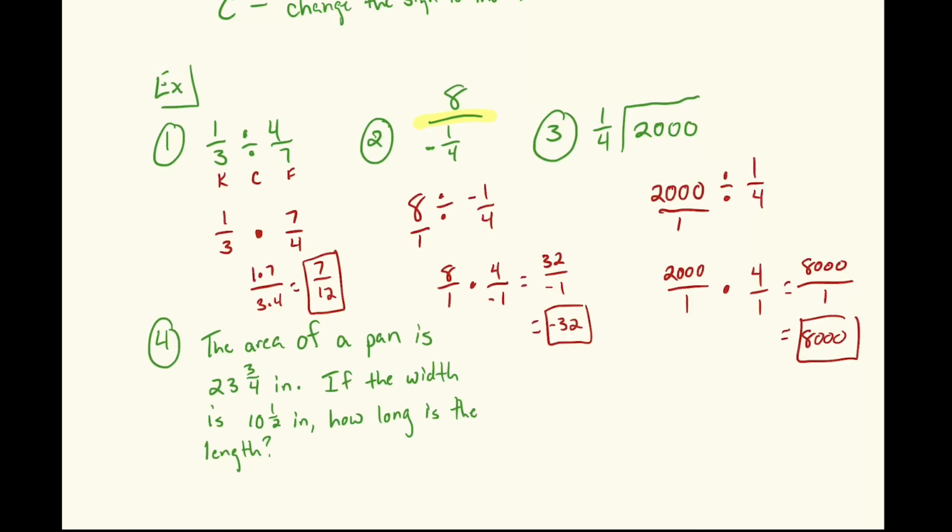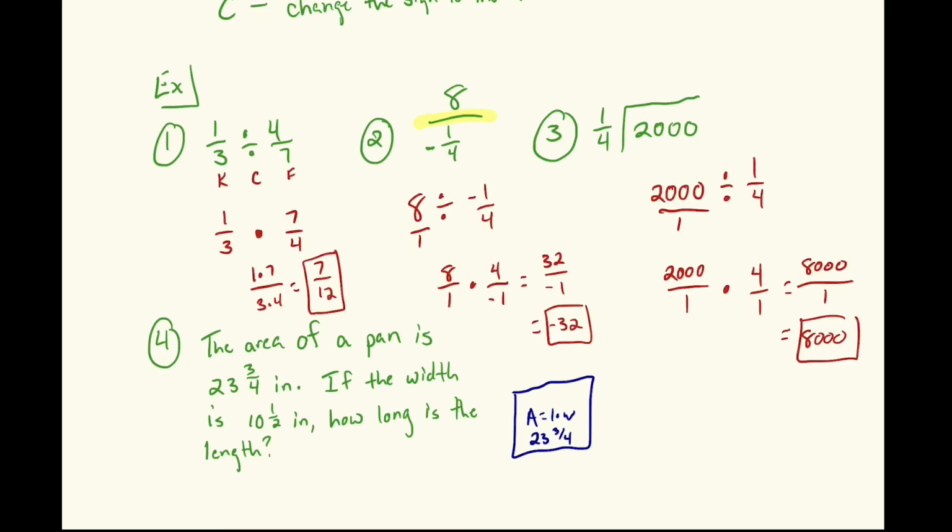In this problem, it says the area of a pan is 23 3/4 inches. So we're just going to assume that we have a square pan here, and we have the area of the pan. Now we know the area equals length times width, so we're multiplying something. If the entire area is 23 3/4 inches, right, that's where we start.